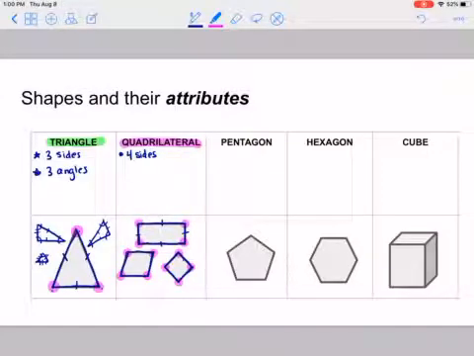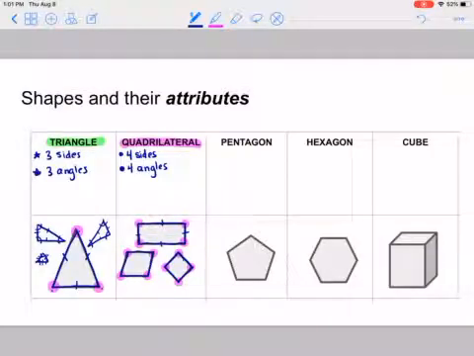So how many angles do you think all quadrilaterals have? They have 4 sides and 4 angles. So 3 sides and 3 angles for a triangle, 4 sides and 4 angles for a quadrilateral.